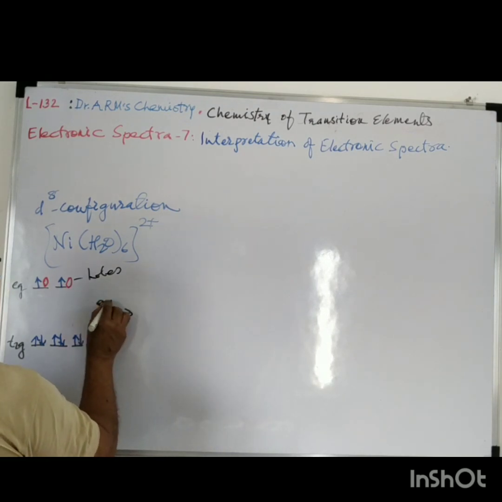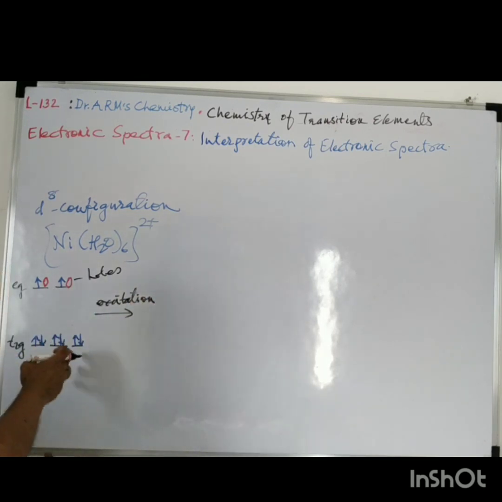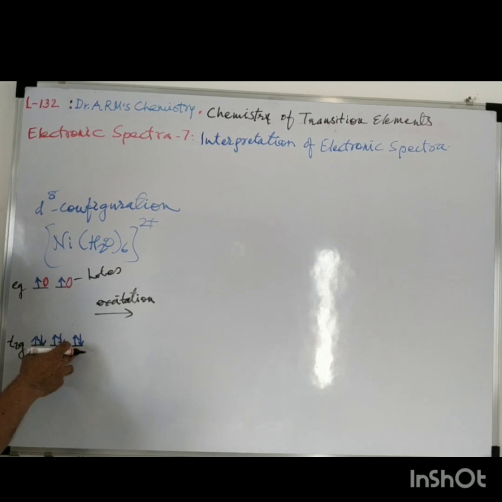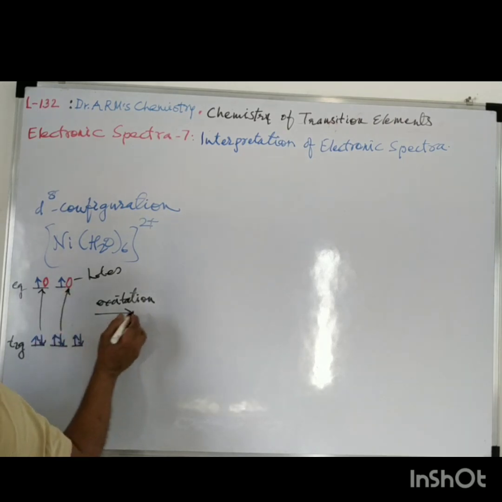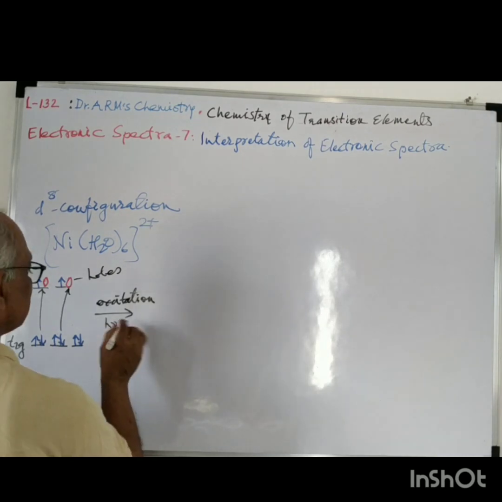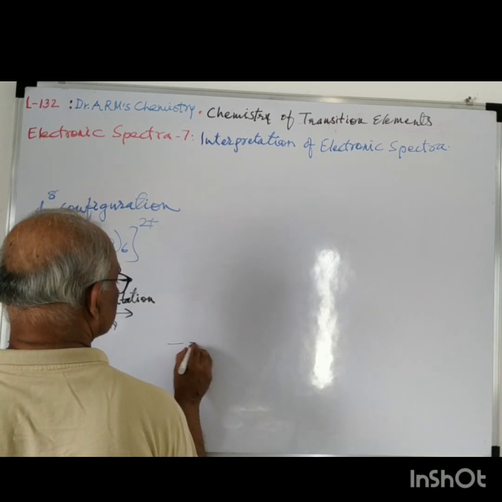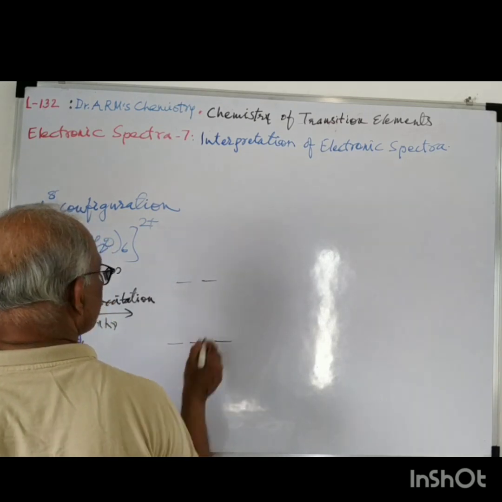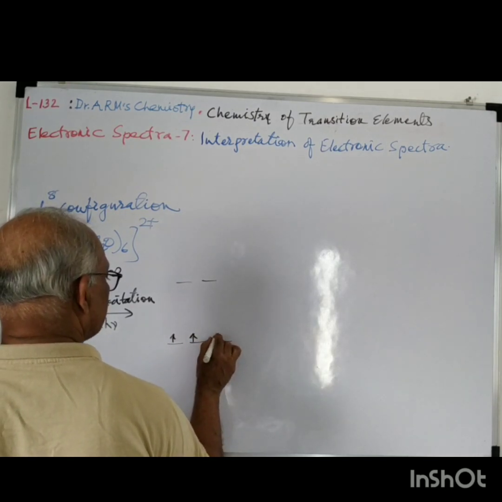After excitation, the electrons can move from this T2g to this Eg. Say this electron is moving here and this electron is moving here. This will require some h nu, and we will get this new excited state configuration where the electrons are distributed like this.